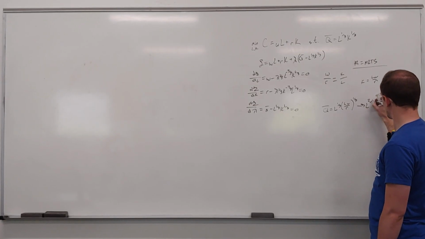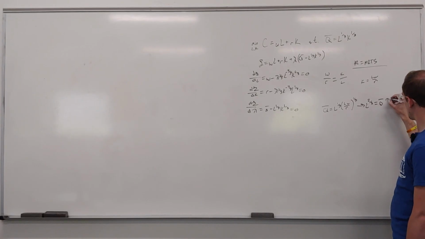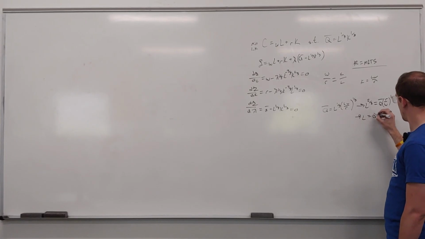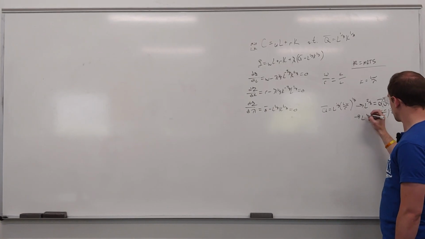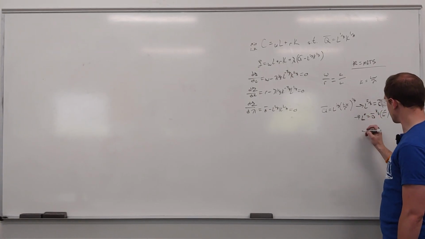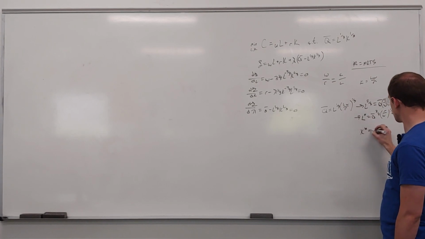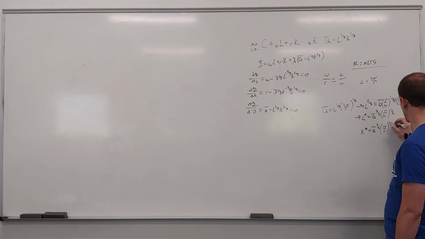Okay, so L to the 2/3 equals Q bar R over W to the 1/3. Okay, and thus L equals Q bar to the 3/2 R over W to the 1/2. Okay, that is our optimal amount of labor. And then our capital in this case, because of our production function, is going to be symmetric. So we're going to get Q bar to the 3/2 W over R to the 1/2.